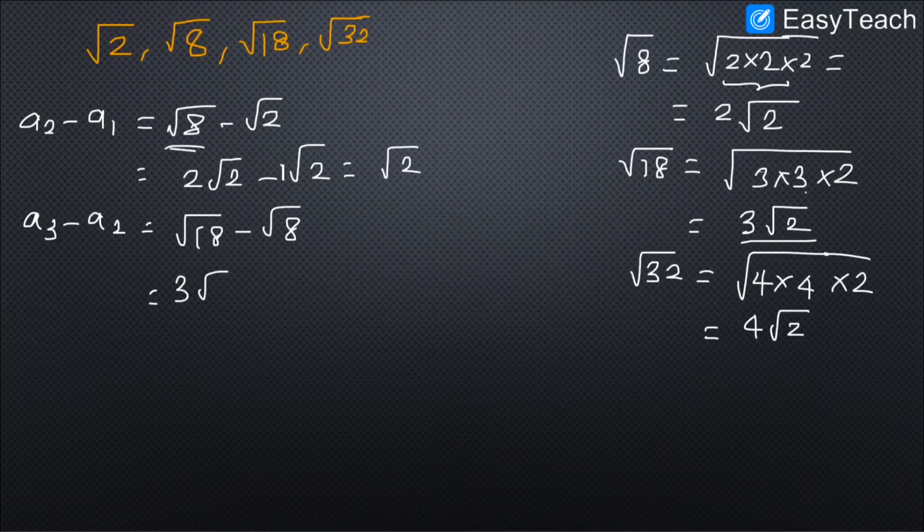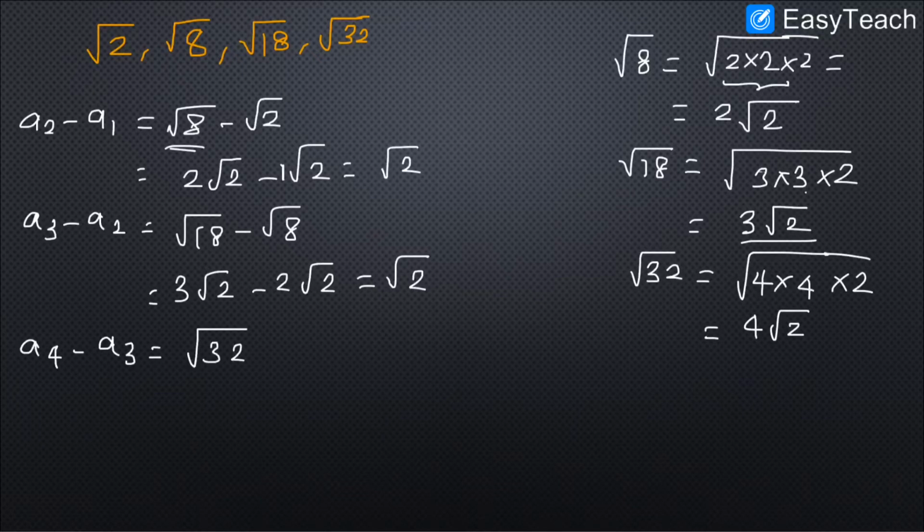Root 18 we can write as 3 root 2, minus, for root 8, 2 root 2, again 1 root 2. And A4 minus A3, same, root 32 minus root 18. What is root 32? 4 root 2 minus 3 root 2, that is root 2. So the difference is the same, this is an AP.